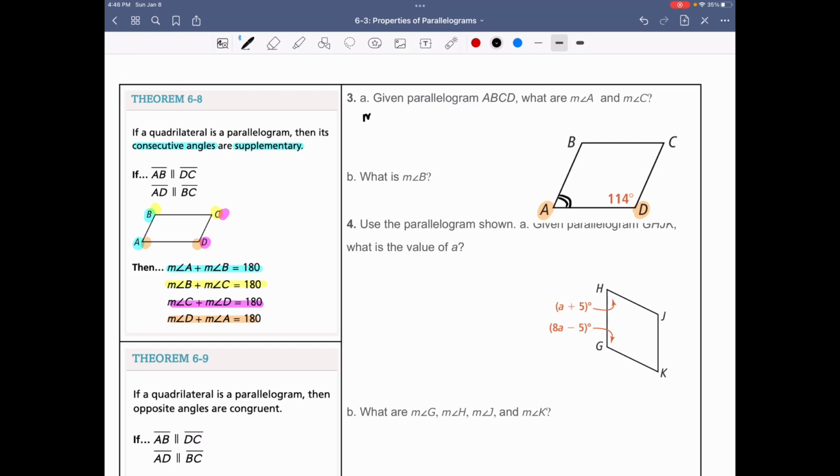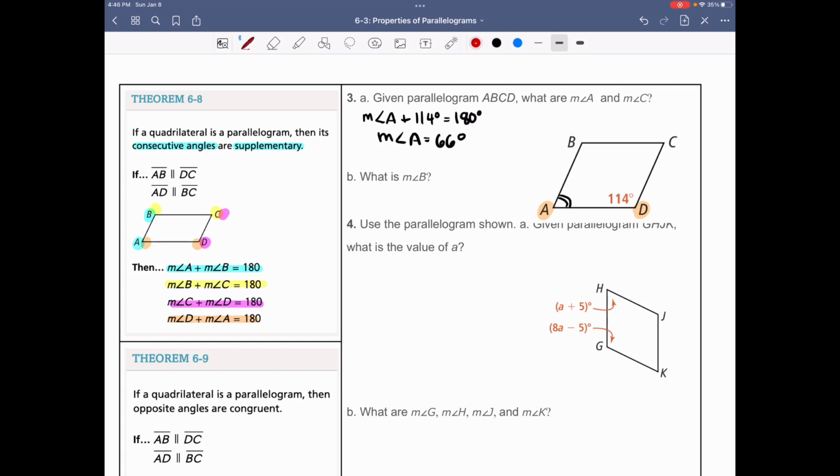So the measure of angle A plus 114 degrees must equal 180 degrees. If we subtract these two numbers, we can figure out what the measure of angle A is. So 180 minus 114, the measure of angle A is equal to 66 degrees.